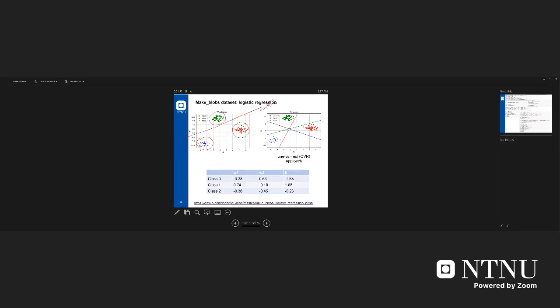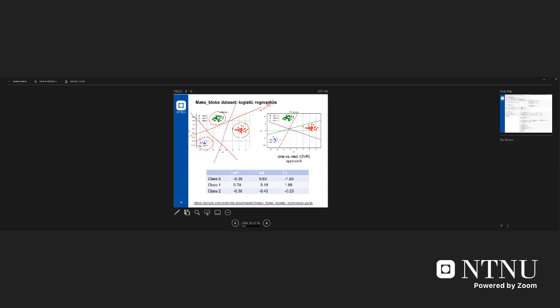And also for the blue one, we will find a line like this one, correct? So it's 1 versus the rest. This one will classify the blue one as 1 class, and the rest will be another class. And for the red one, it will be the same. We also try to find a line like this one.